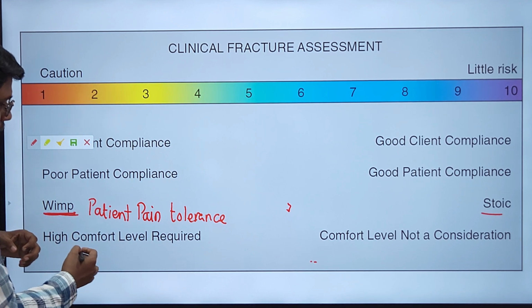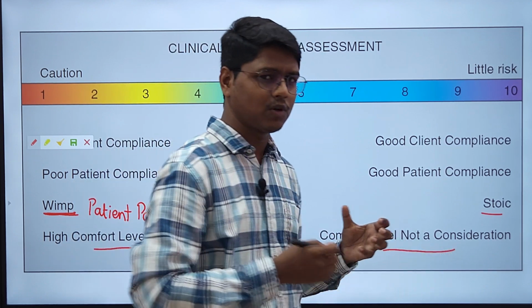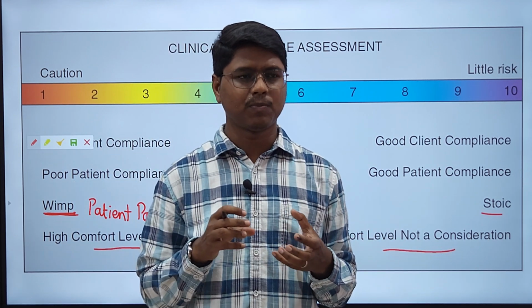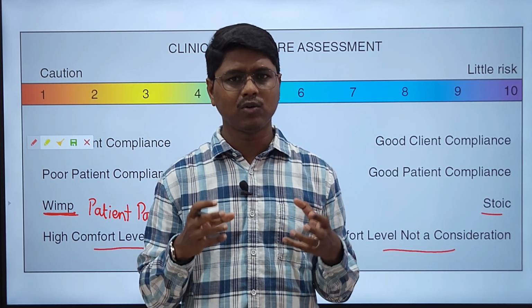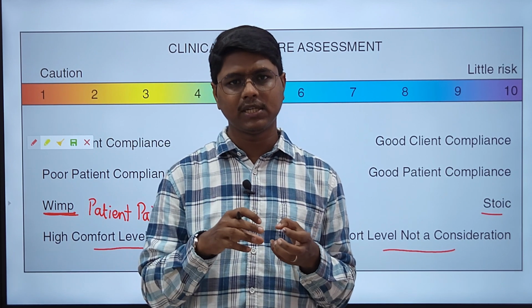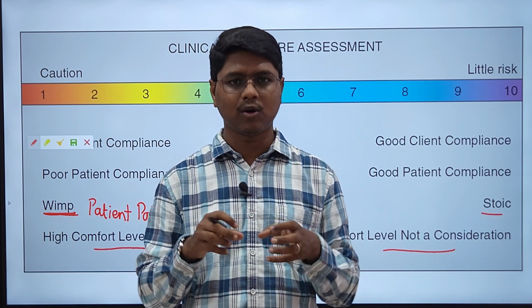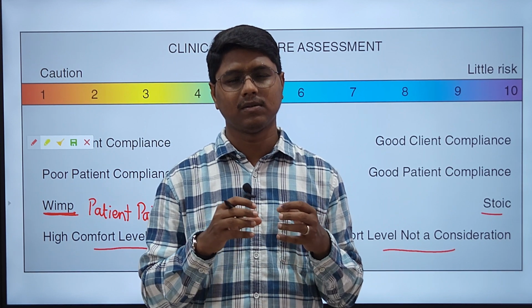Okay. Next one is comfort level required. Comfort level simply means that suppose you are using some implants, how much comfort that implant provides to that patient. It also implies the environment of the patient, where it can easily cope.